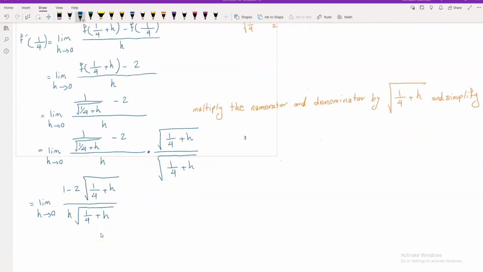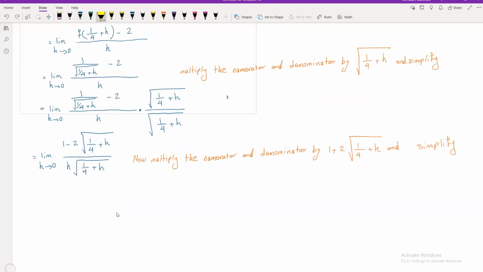After I simplified, the numerator is 1 minus 2 times the square root of 1/4 plus h, and the denominator is h times the square root of 1/4 plus h. Now multiply the numerator and denominator by 1 plus 2 times the square root of 1/4 plus h, because the numerator has 1 minus 2 times the square root.